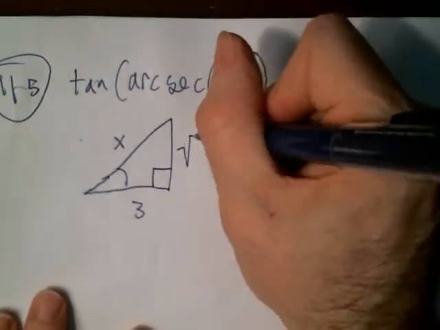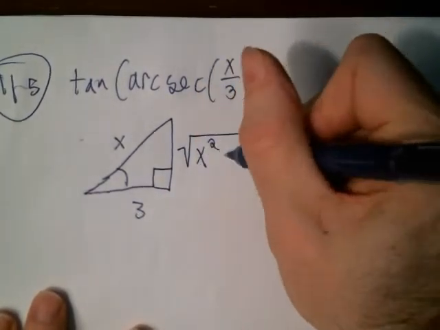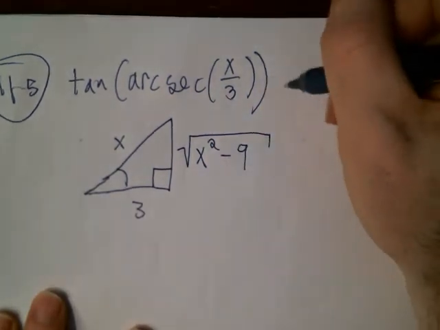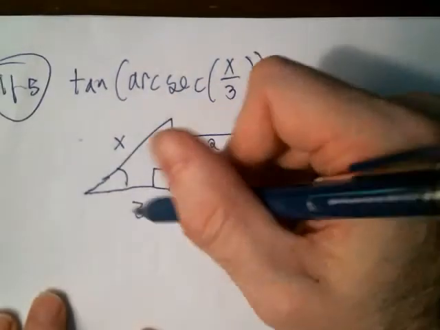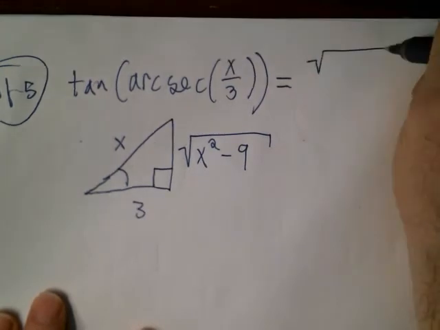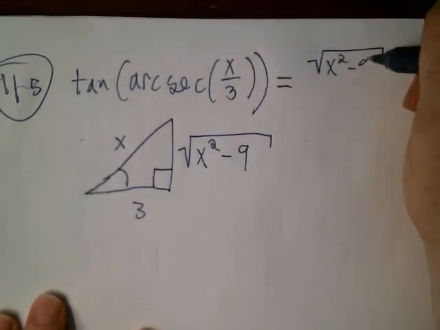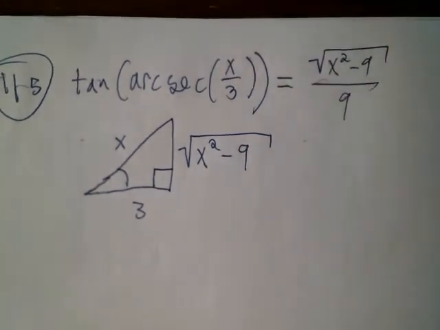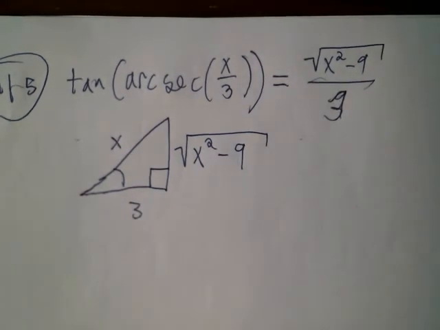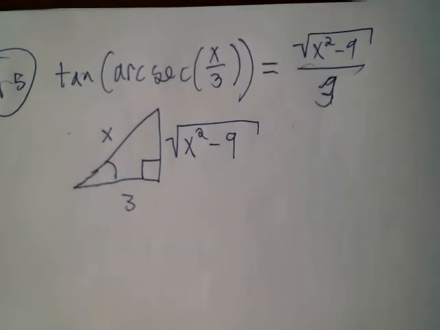And then the third side from the Pythagorean theorem is the square root of x squared minus 9. Okay. And then tan of this triangle will be the square root of x squared minus 9 all over 3. Okay, so that's the idea. Hopefully it won't be lost in your memory banks by the time we actually use it.